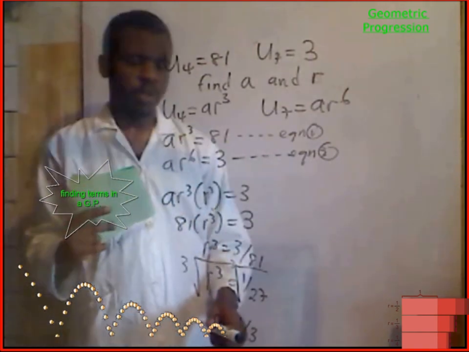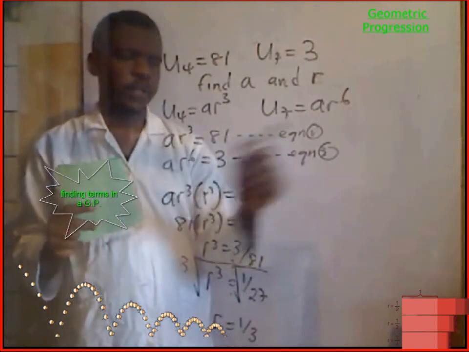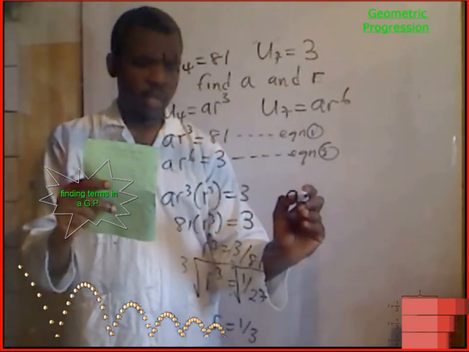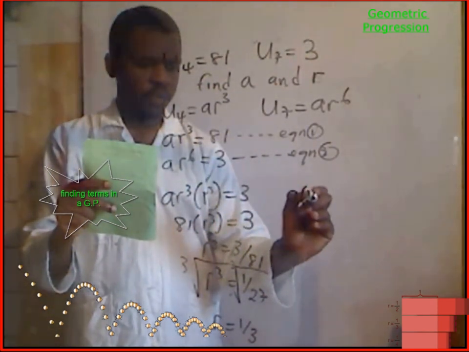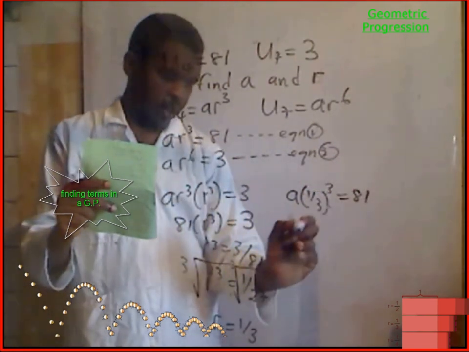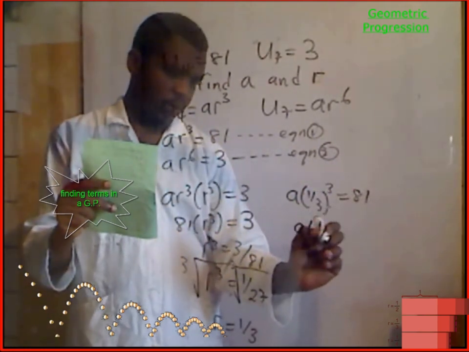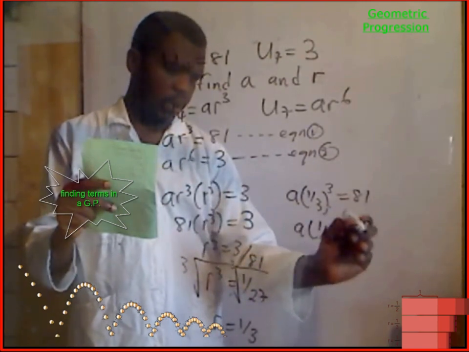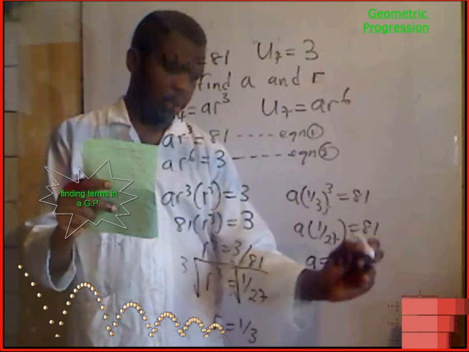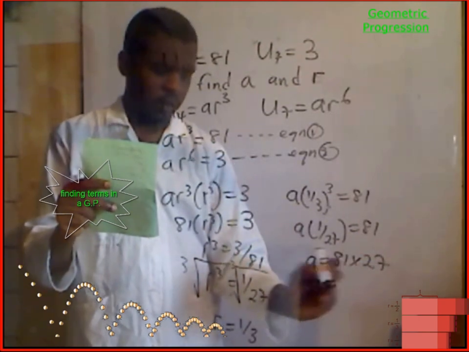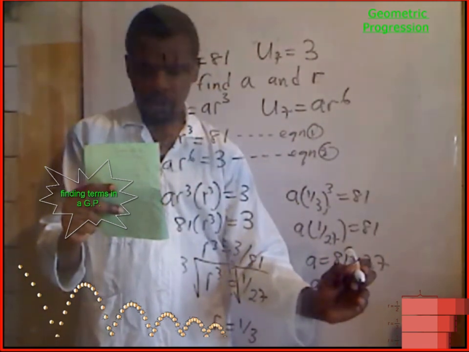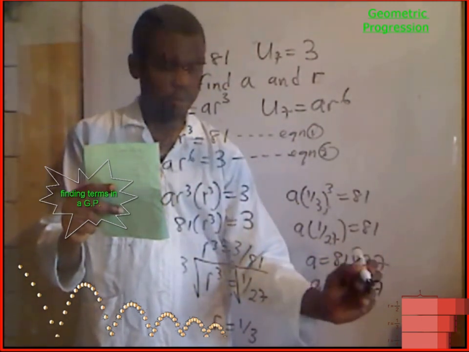I just need to substitute into any of the equations. I take equation 1. I already know the value of R. So I'll say A times 1 all over 3 cubed is equal to 81. This is A times 1 all over 27 is equal to 81. A is equal to 81 times 27. A is equal to 2,187.